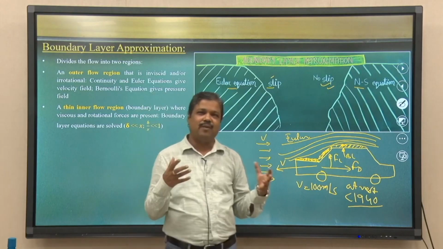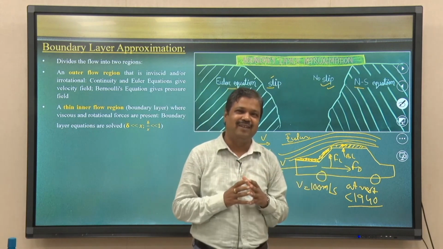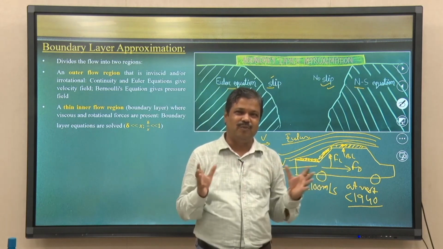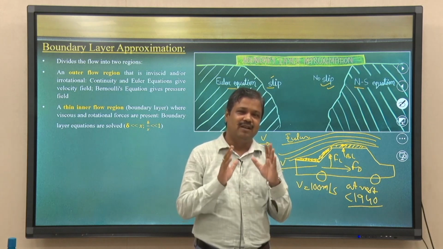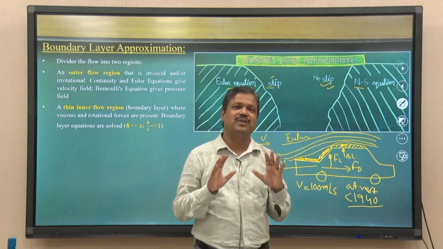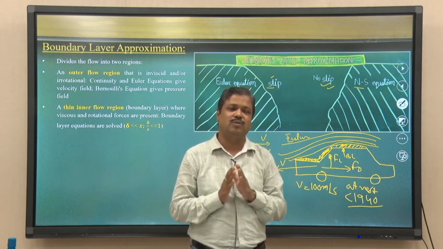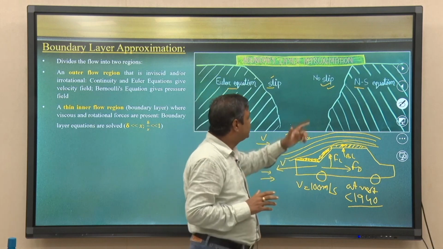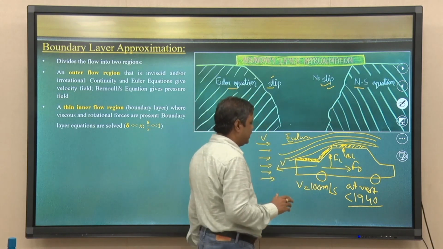The boundary layer approximations, in most of the books, are written in a very complex way, with a lot of mathematics and all, but conceptually it is a very nice concept, looking at how the approximation has given a very complex flow some sort of solution. Instead of the Navier-Stokes equations, we are looking at boundary layer equations. Okay.